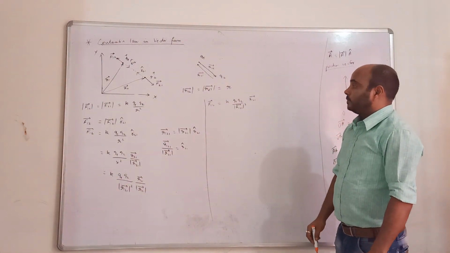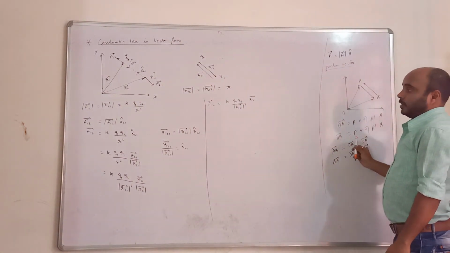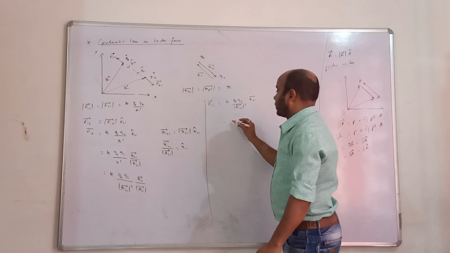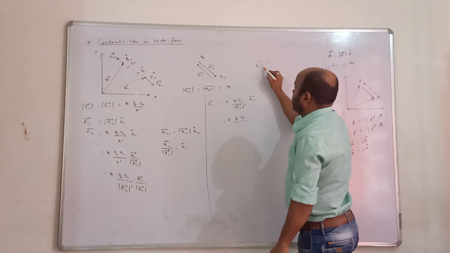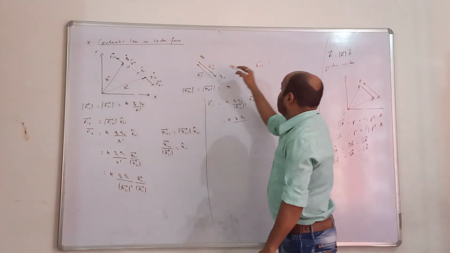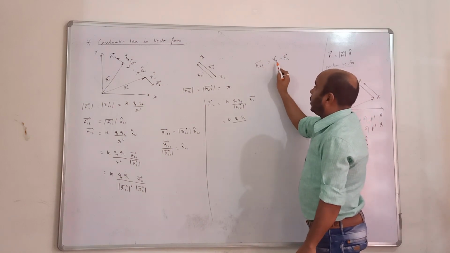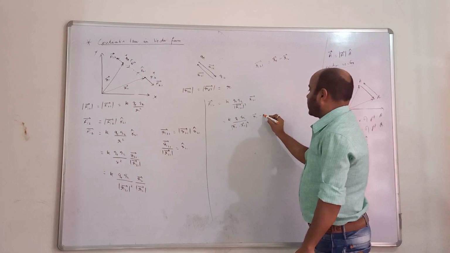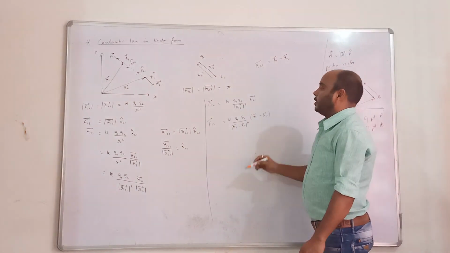Now here we studied AB vector is position vector of B minus position vector of A. Similarly, R21 vector, 2, 1. R21 vector is position vector of 1, R1 vector, minus position vector of 2, R2 vector. First 1, then 2. So I can write R1 vector minus R2 vector, mod whole cube, into R1 vector minus R2 vector. We got F12 vector in vector form.